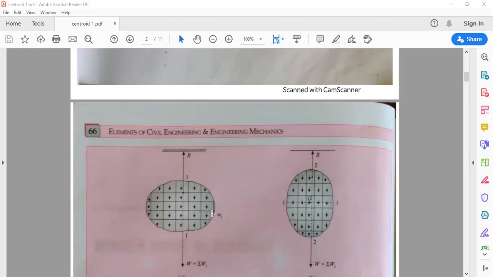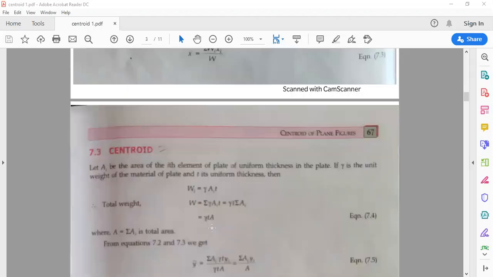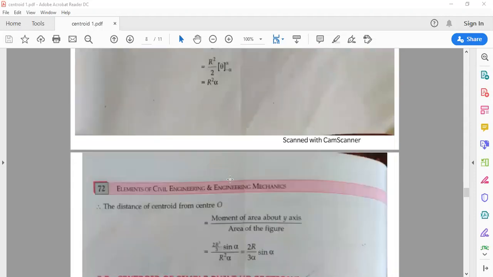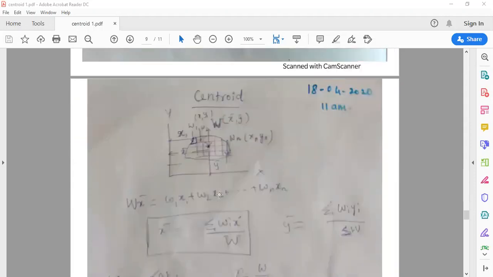Let me go to my notes and show you. See here, this flat plate I have divided into small elemental strips. The first area has the weight W1.